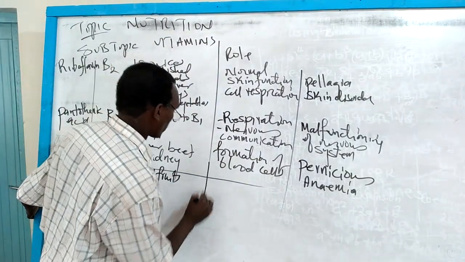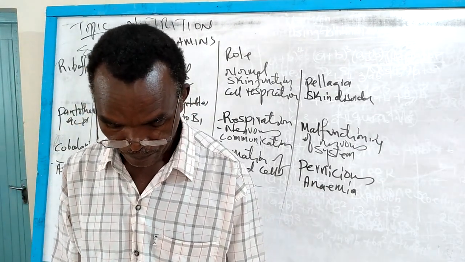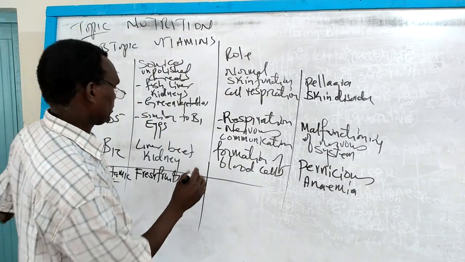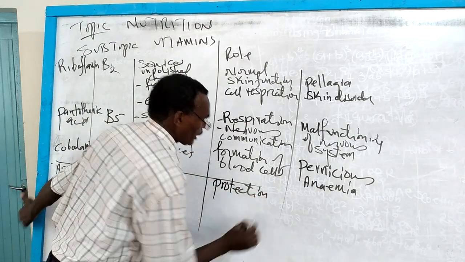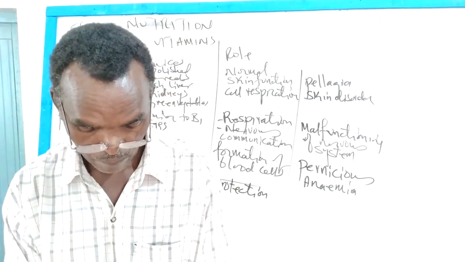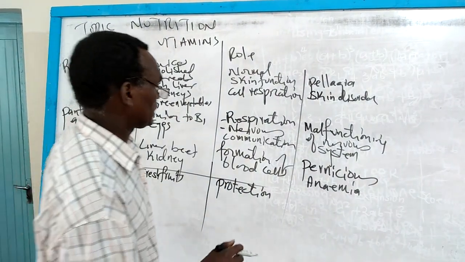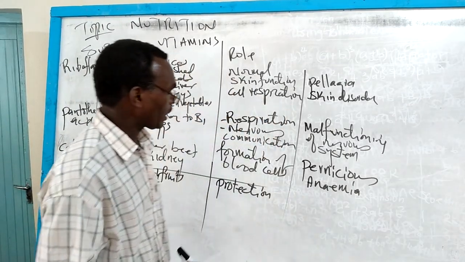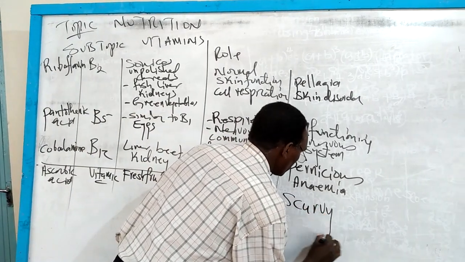What's the role of vitamin C? Now, vitamin C is said to be very important in protection of the body against diseases. It is one of its major roles. And therefore, failure to have vitamin C leads to reduced immunity, and one condition that is so common is a disease condition we call scurvy.